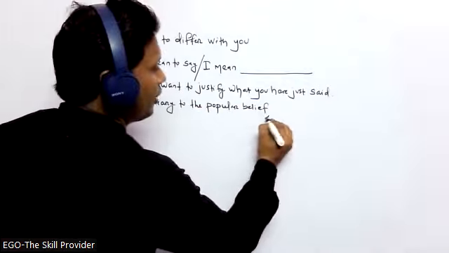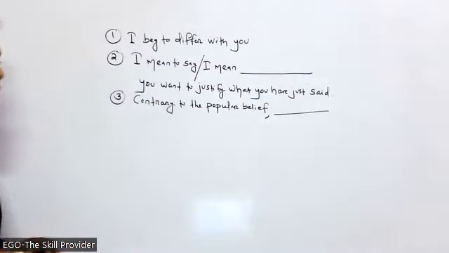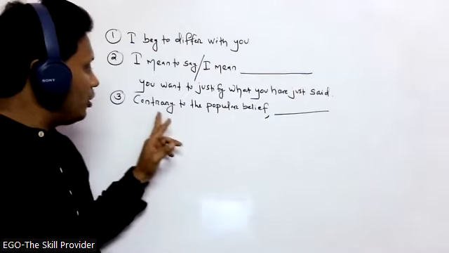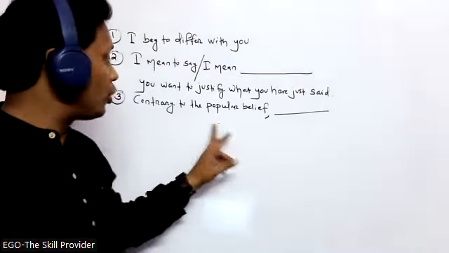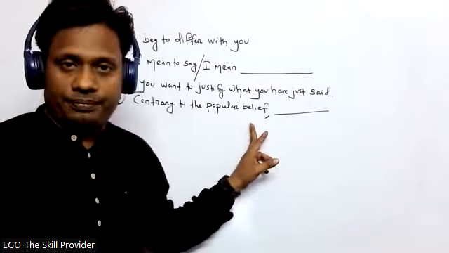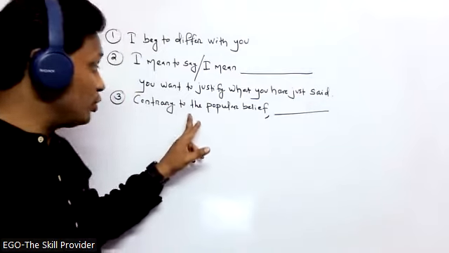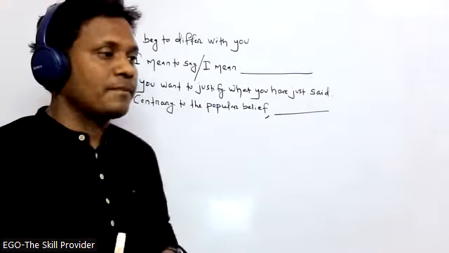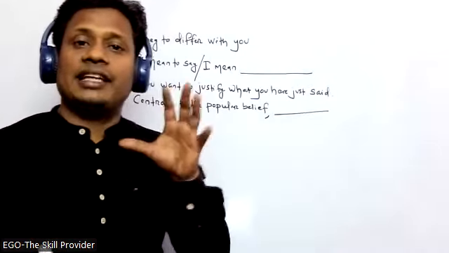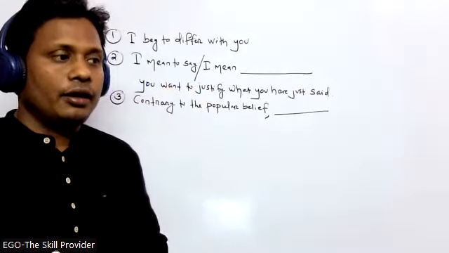Contrary to the popular belief, then you have to give the statement. Don't worry, let me explain it. What do you mean by this one? Contrary to the perception, or contrary to the popular belief. When can you use this one? Try to understand. Let me give an example in Odia. Okay.